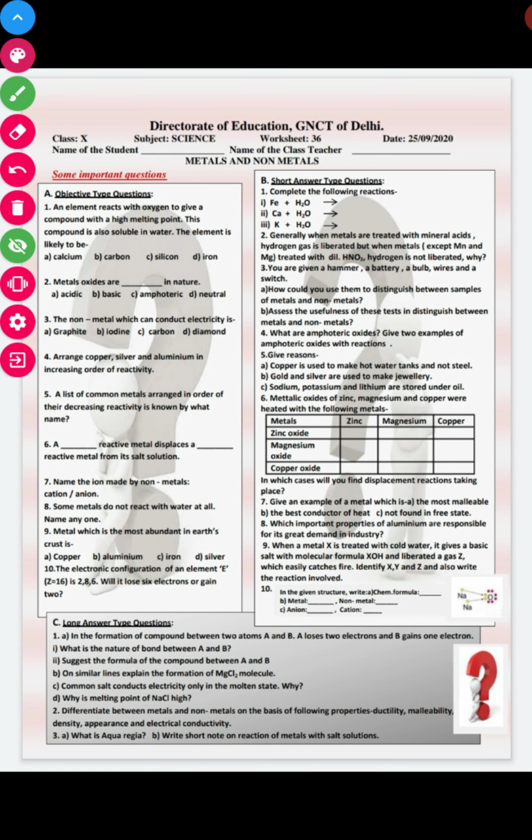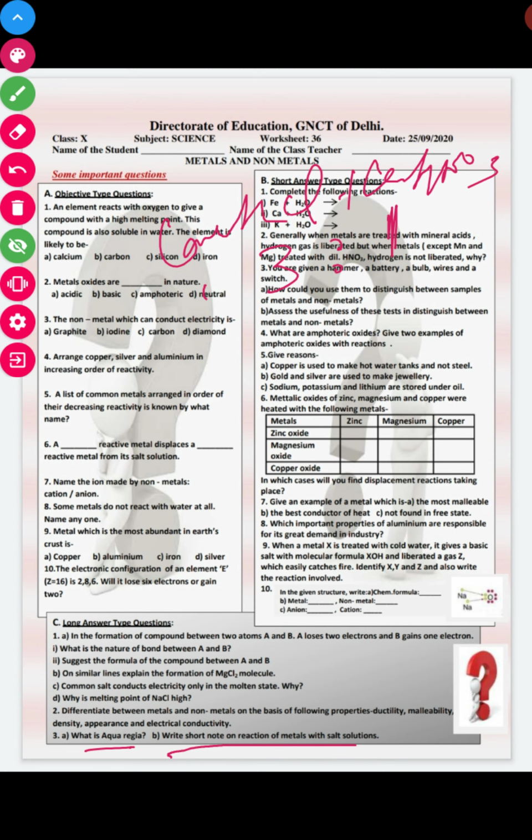Next we have, what is Aqua Regia, and write a note on the reaction of metals with salt solution. Aqua Regia is a combination of concentrated HCl plus concentrated HNO3 in the ratio of 3:1, right?